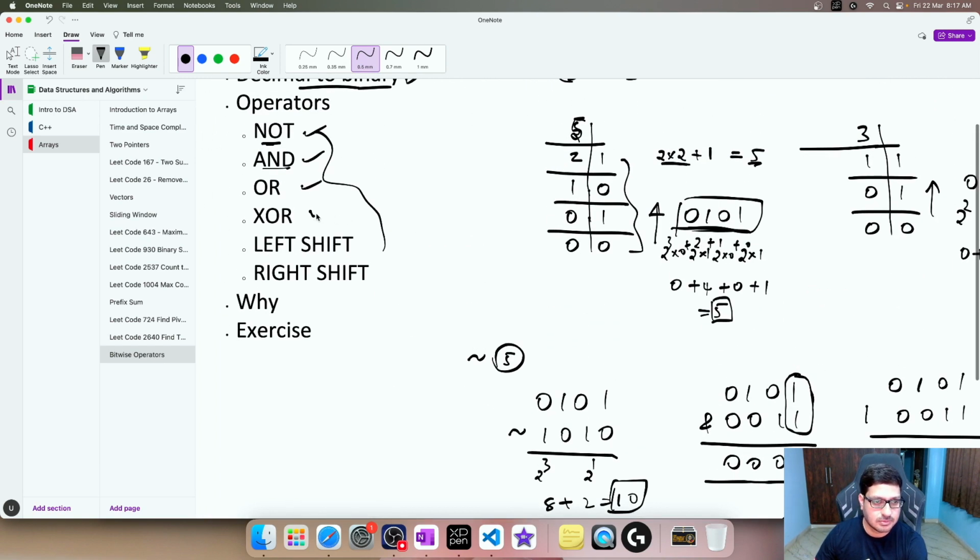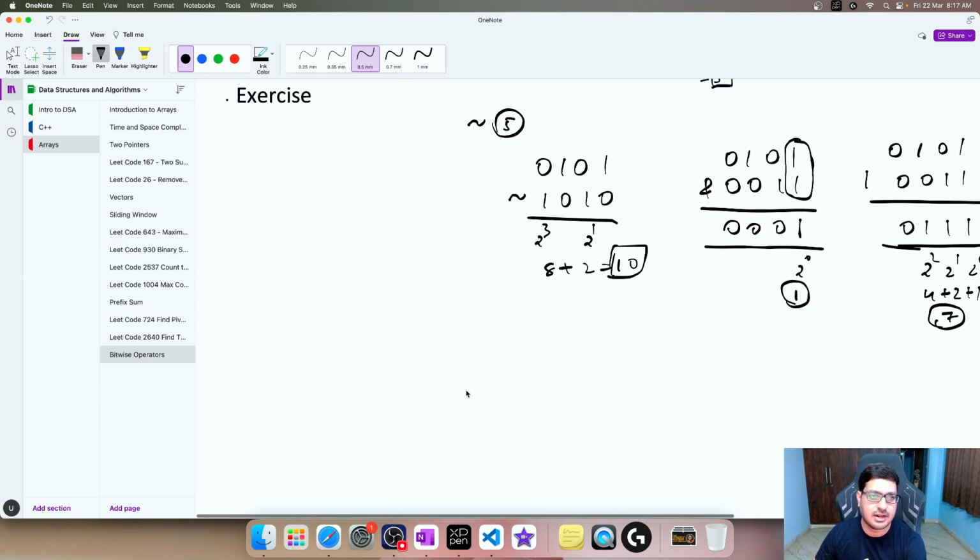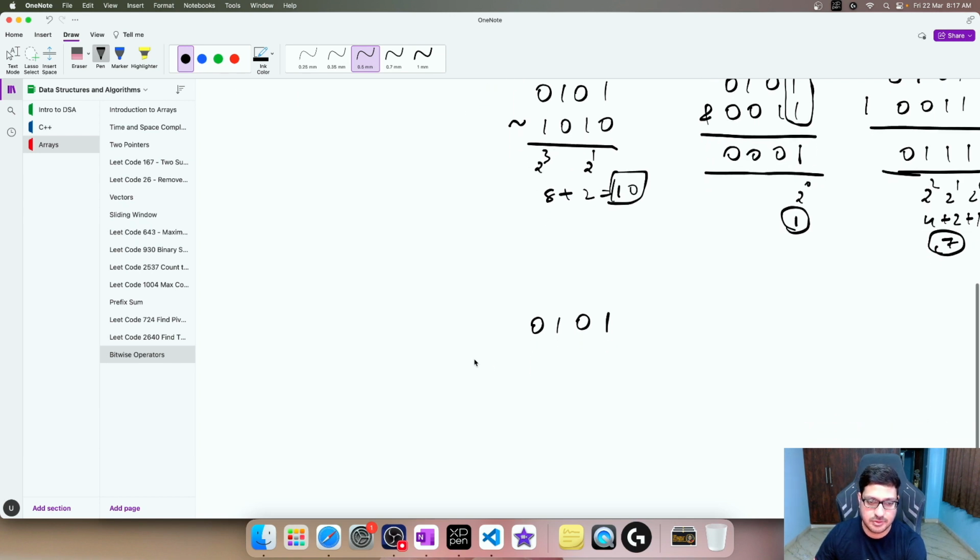Now let's move on. Let's do left shift. Left shift is interesting. Left shift and right shift are again unary operators. So this is my number 5. If I want to do left shift of 5, left shift is represented like this, and we need to give a number: left shift by how many bits. Usually we do left shift by 1.